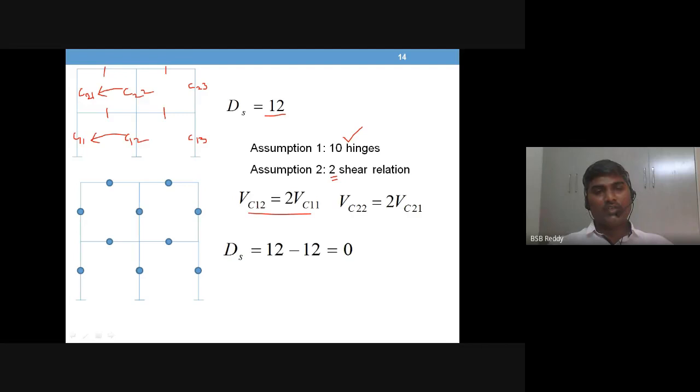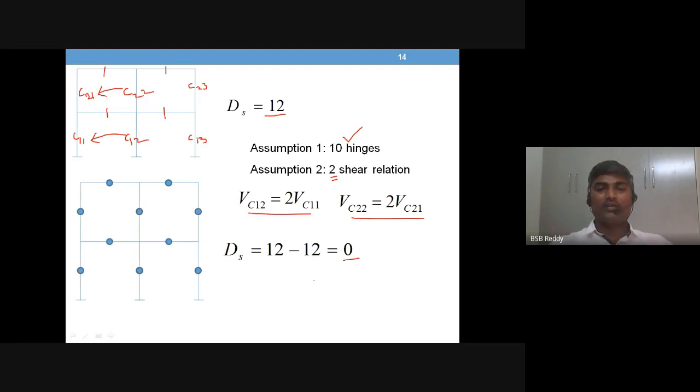Shear in C12 is equal to 2 times shear in C11, the column in the first story and first column. Same, shear in column 2 2 is equal to 2 times shear in 2 1. So 2 more equations, total 12, 10 plus 2. So this becomes a determinate structure.